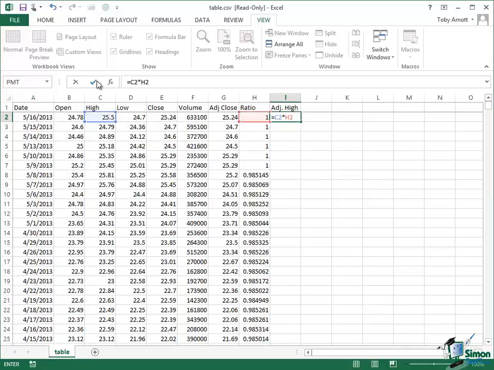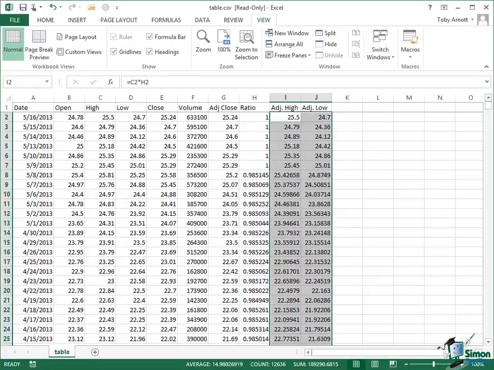Obviously that will be the same in this case. And then also an adjusted low. Same sort of principle. The formula in this case is going to be the low, which is D2, times the ratio again, which is H2, and there we are. And now I'm going to fill both of those down as well.